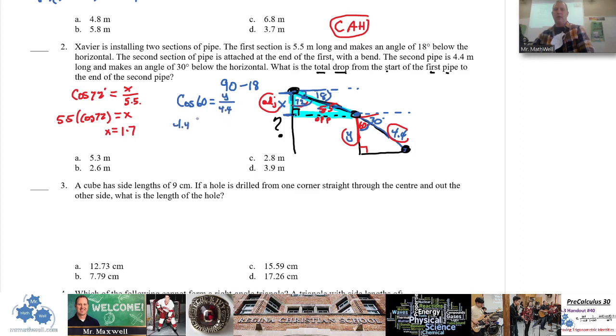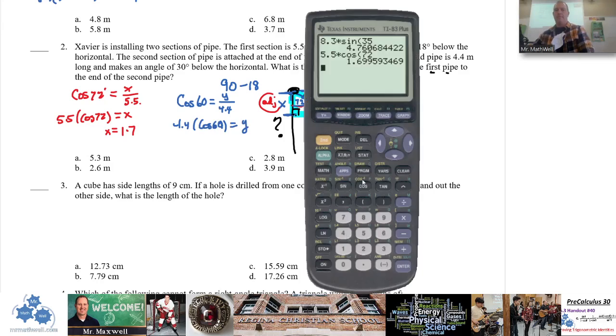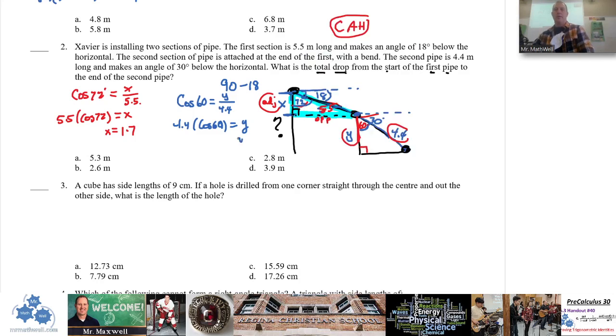So 4.4 times cos 60 equals y. So y is going to be 2.2. So 1.7 plus 2.2 is going to be 3.9 meters. So your answer should be D for number 2. Okay, any questions about that one?